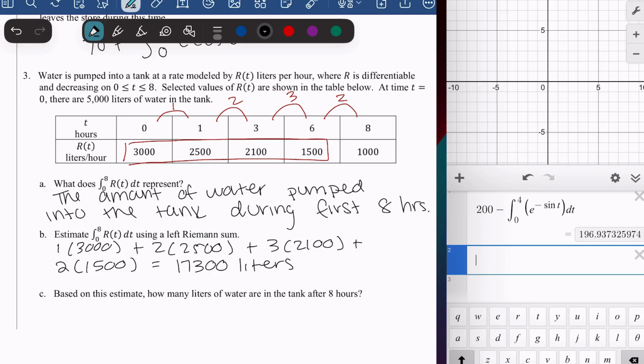No, read it again. Yes, 5,000, because it said at time equals 0, there are 5,000 liters of water in the tank, which means before they start pumping water in it, there's already 5,000. Okay, so in order to answer C, it says how many liters of water in the tank after 8 hours. We have to take our answer, 17,300, and add 5,000 to it to get 22,300 liters.